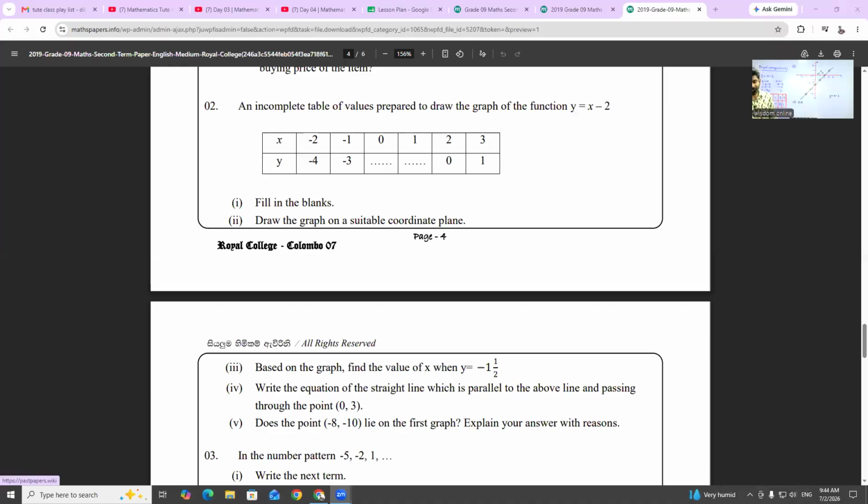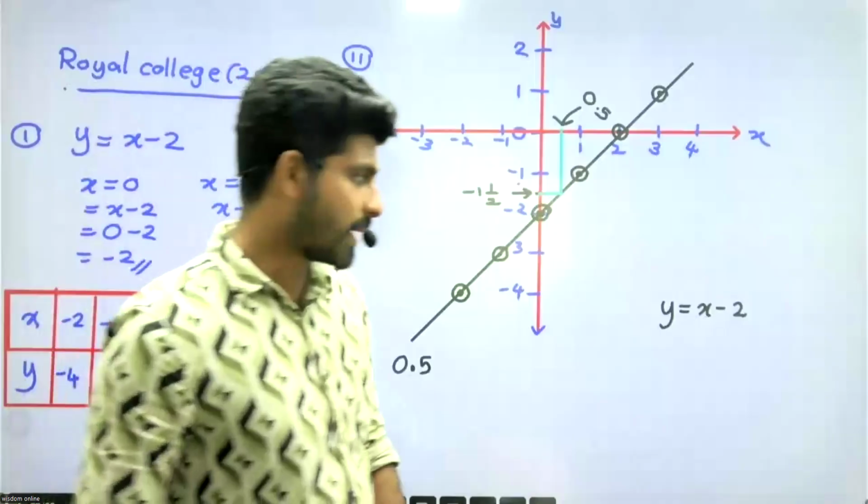Passing through 0, 3. Passing through the point 0, 3.